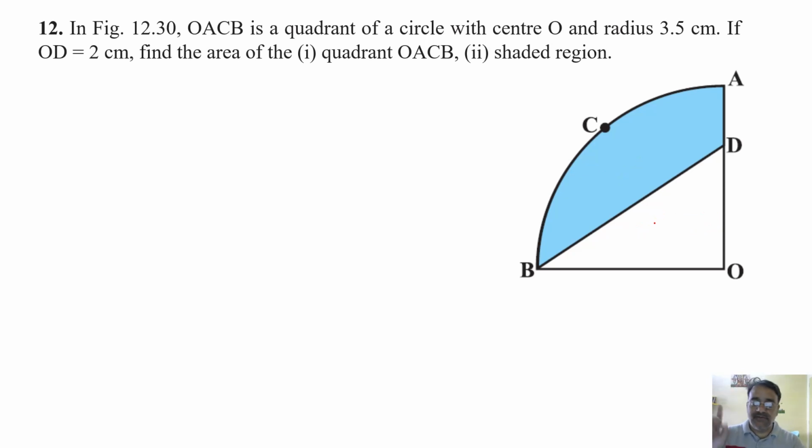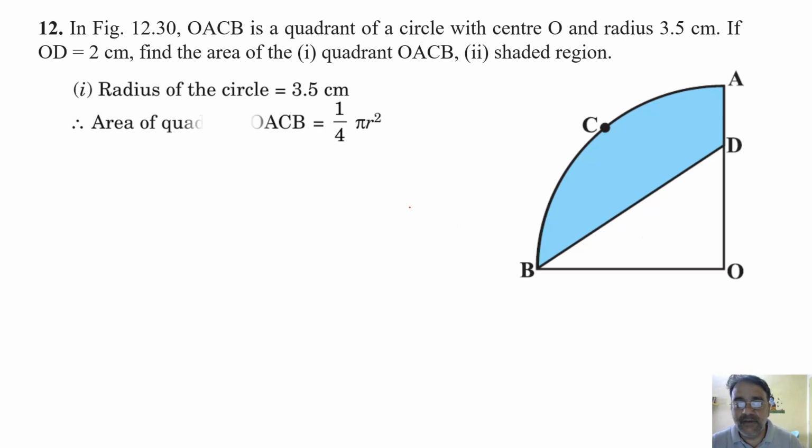So first of all, radius of the circle is 3.5 centimeter. We can write 7 by 2 also. So area of quadrant will be equal to 1 by 4 pi r square, and the value of pi is 22 by 7, and radius is 3.5, or you can write 7 by 2 also. If we write 7 by 2, the calculation will be easier.